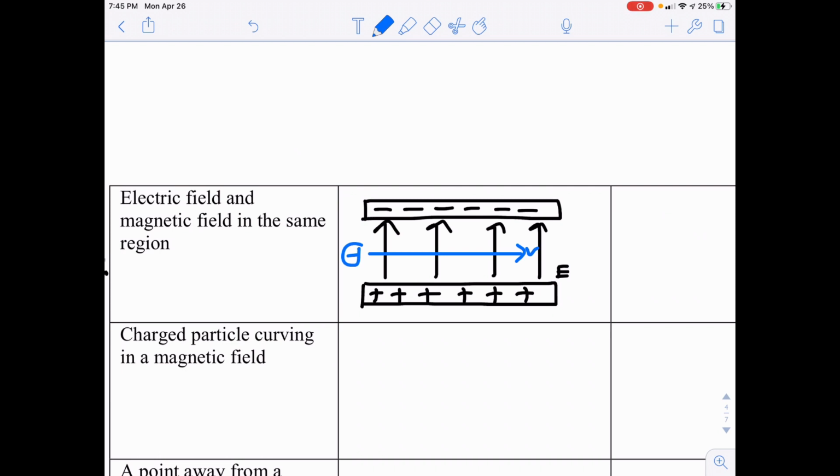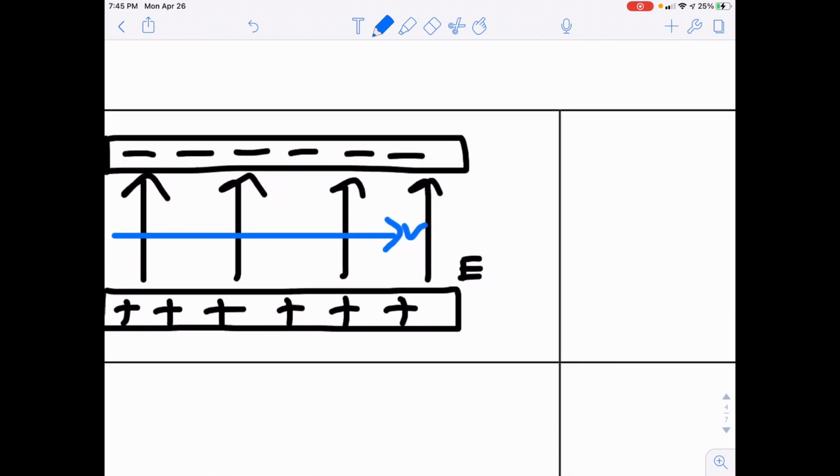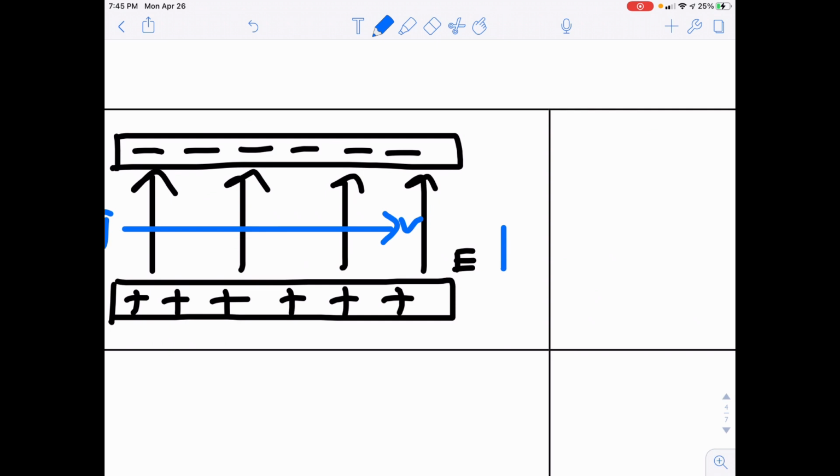Now, in order to pass through in a straight line, here's what has to happen. The electric force, which is pulling that electron down towards the positive plate, needs to balance the magnetic force.